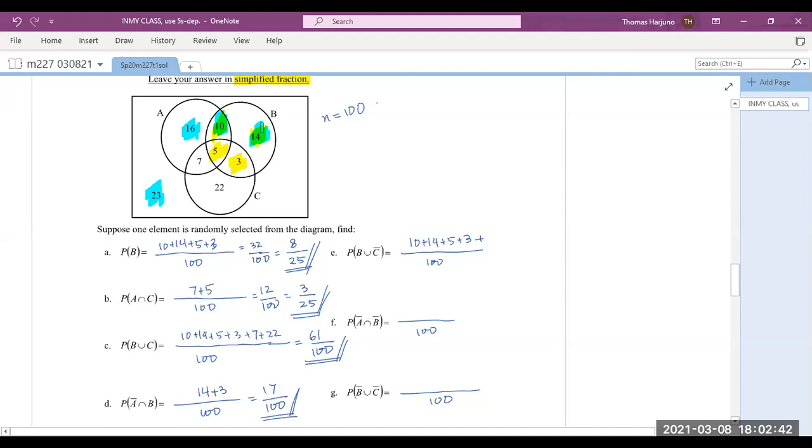Because it is an or, as long as it is shaded at least once, then we count it in. So we are not counting 23 and 16 yet. So that's 32, 55, 71 over 100.